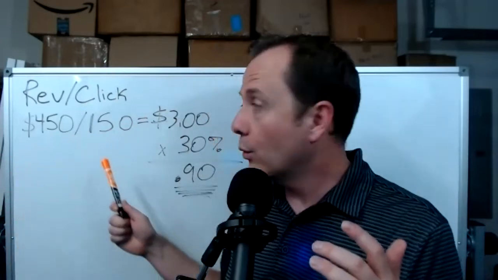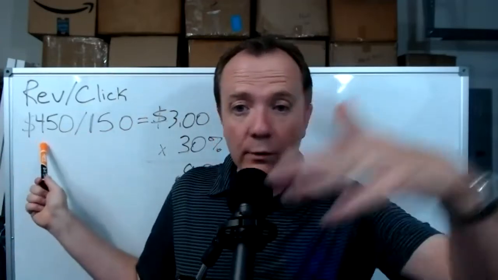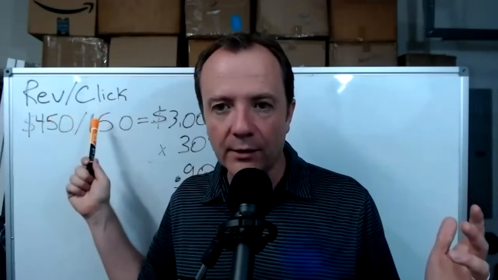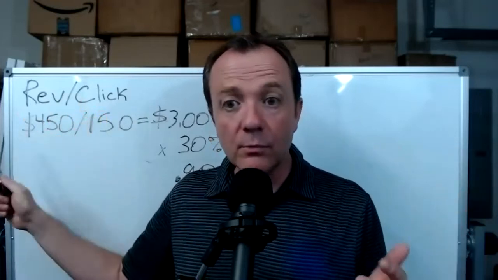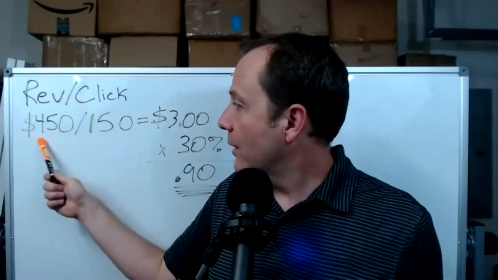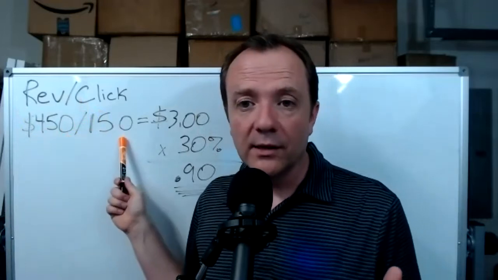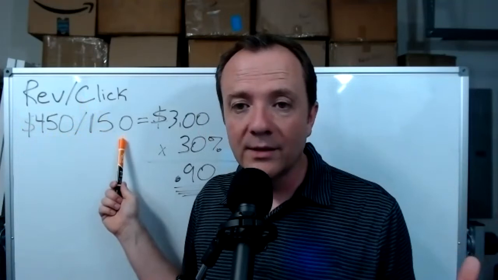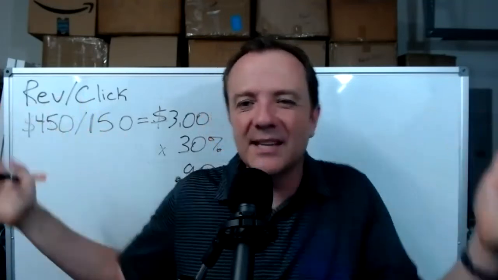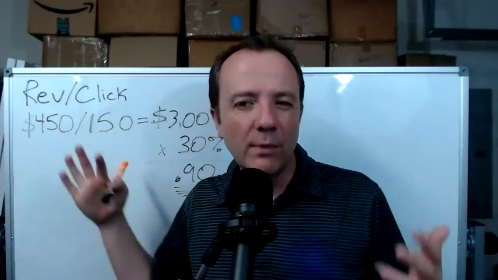So let's say your revenue on a particular keyword over whatever time period you're looking at was $450. It could be $45. It could be whatever it is. You could use the math to figure this out. Now, let's say you had $450 and you had 150 clicks. If you had 2 clicks and made 1 sale, this probably might not work, but if you have at least a decent amount of data, maybe 8, 10 clicks and a sale or 2, maybe this could at least help you.